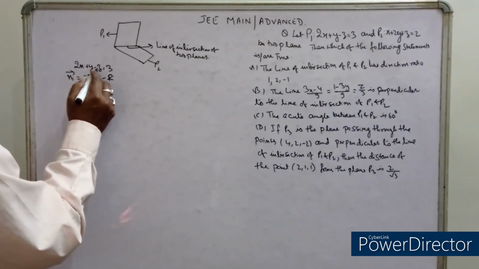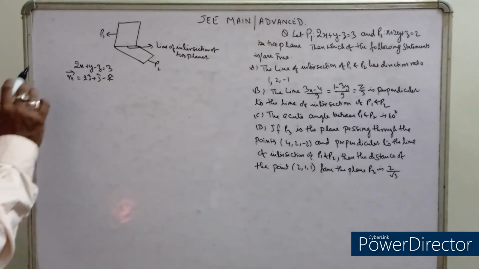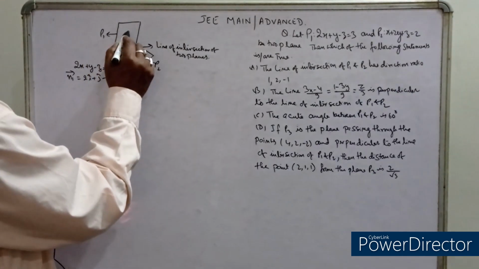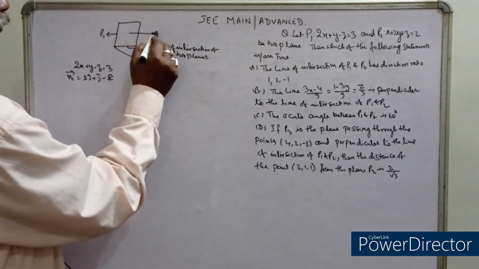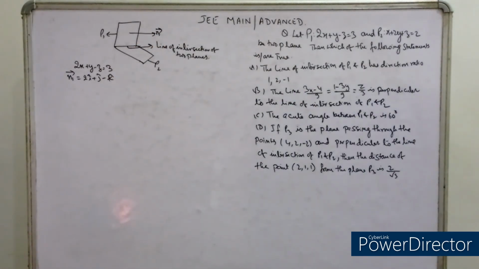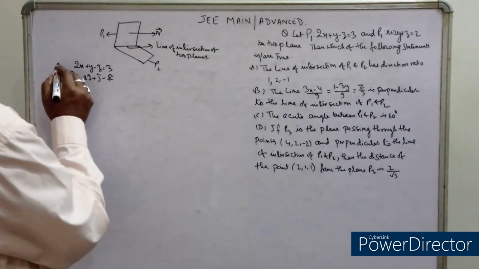Here 2, 1, minus 1 is the n1 vector, the perpendicular vector to the plane P1.